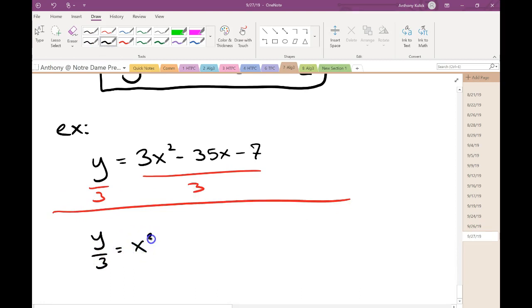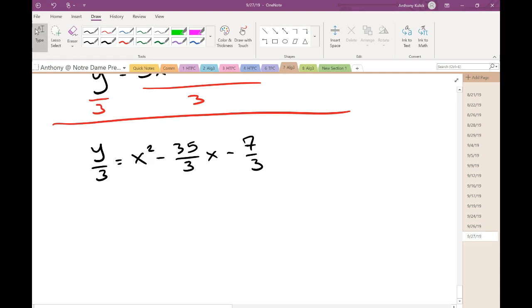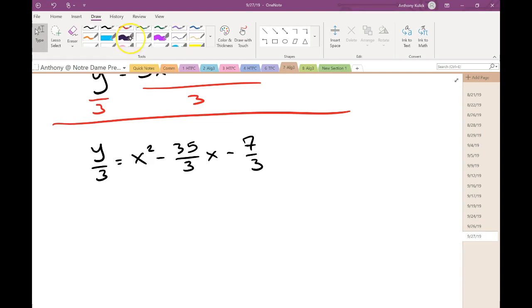So 3x squared divided by 3 is just going to be x squared. Then 35 over 3 x minus 7 over 3. So far, so good? Okay, now what?